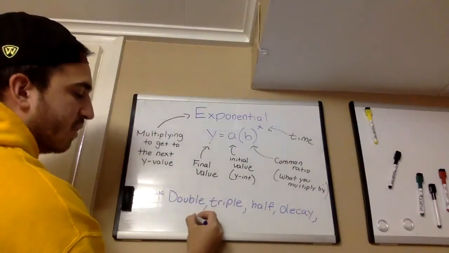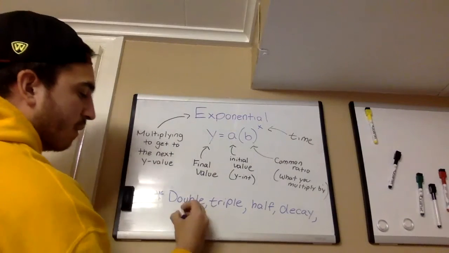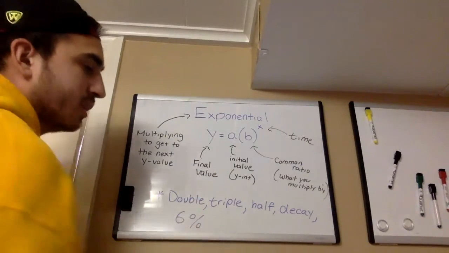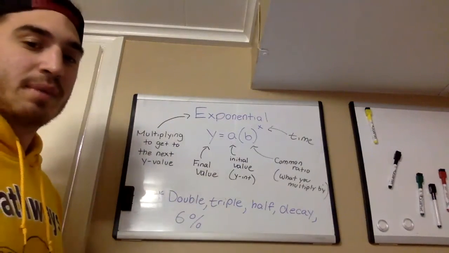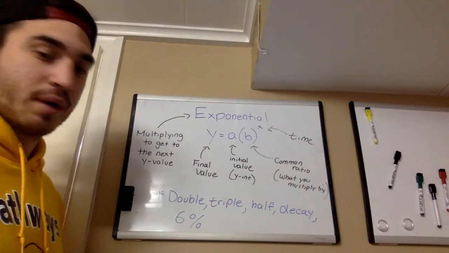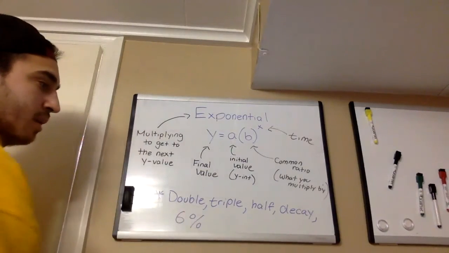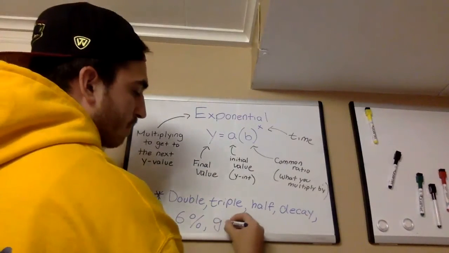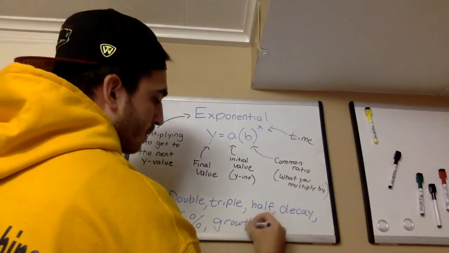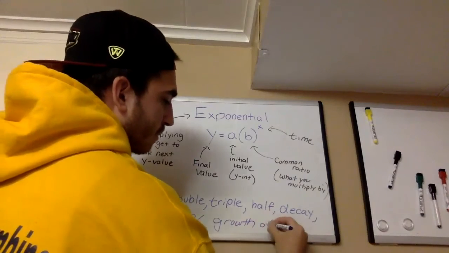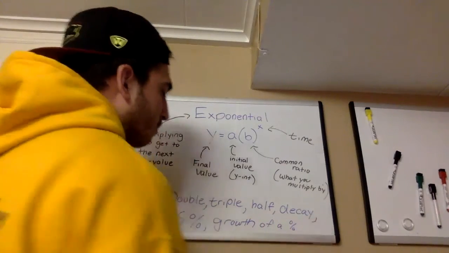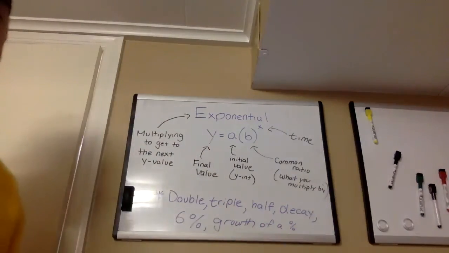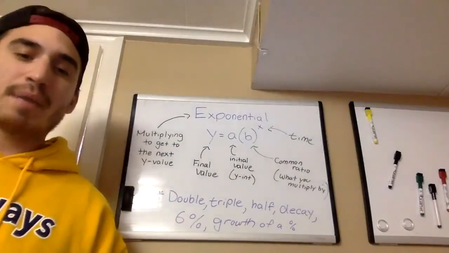They might even give you a percent. So let's just give an example of like 6%. Once you see a percent, automatically that means exponential in Algebra 1. So percent, and maybe they might say growth of a percent. So all of these are what you're looking for. All of these mean exponential.